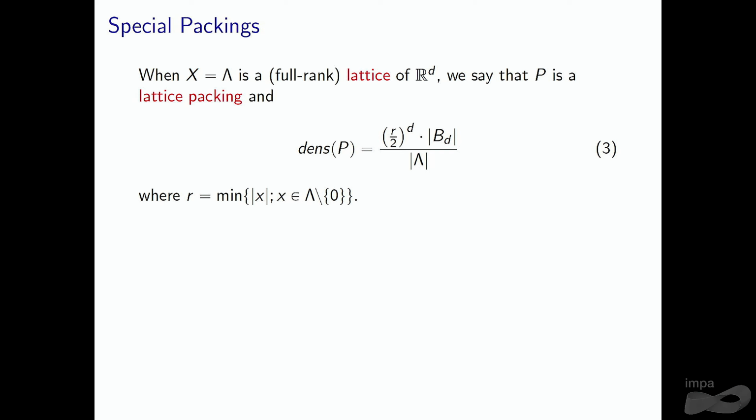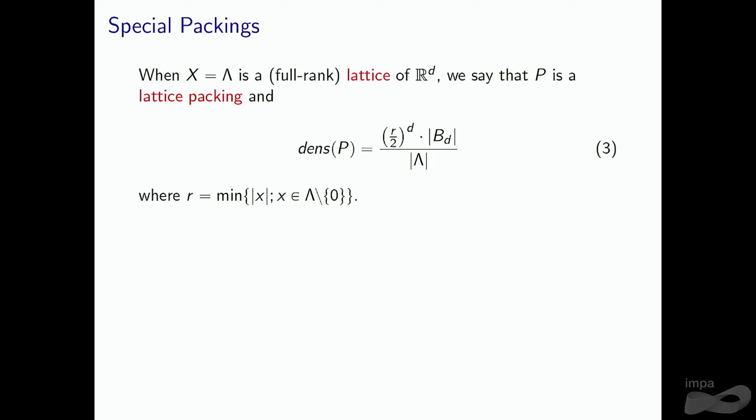So we have some special packings. For instance, if your set of centers is a full rank lattice of R^d, we say that we have a lattice packing. And in this case, you have an easy way to compute the density, which is given by (r/2) raised to the dimension, where r/2 is the radius of the balls you are considering, times the volume of the unit ball, divided by the volume of the lattice. That is the volume of the fundamental region in R^d defined by your lattice.